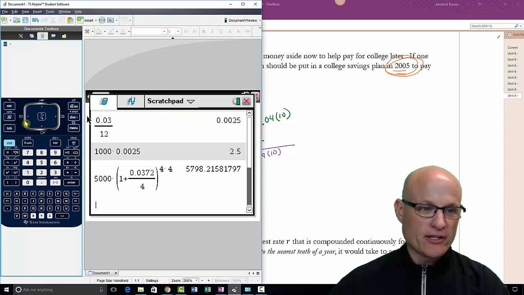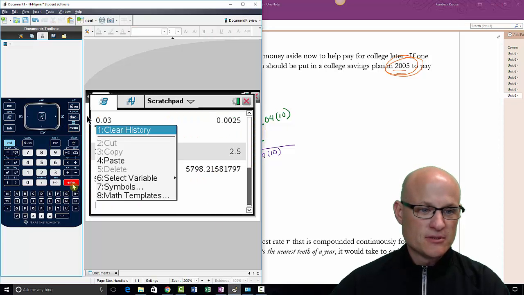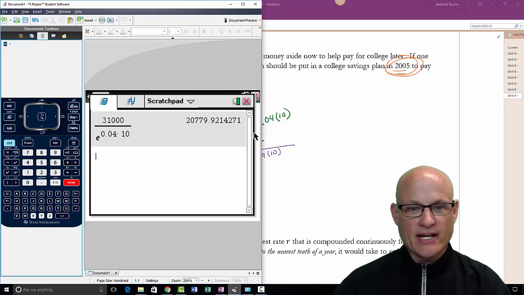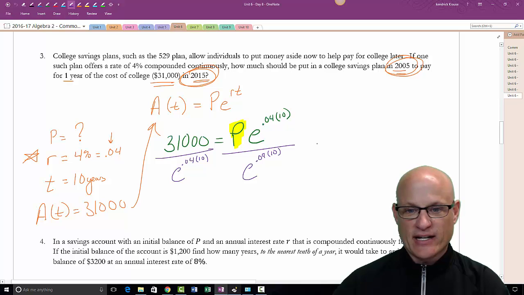So I go back over to the calculator, and I go control division, 31, 1, 2, 3, all over e to the 0.04 times 10. Again, I could just put 0.4 in there. And I get $20,779.92.